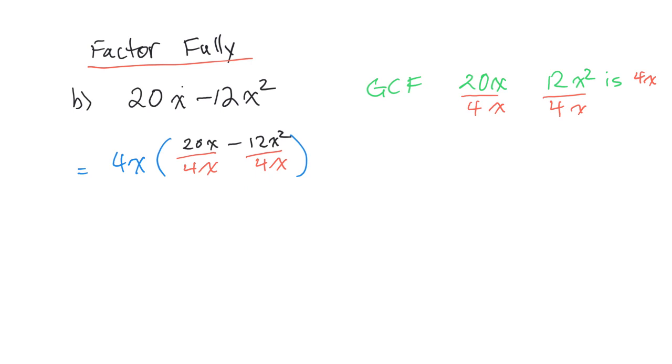And in this case, when you simplify, you start with writing 4x, and then we simplify. So 20 divided by 4 is 5. And x divided by x is just 1, so we just leave it, minus, and now we're going to do 12 divided by 4, which gives us 3.